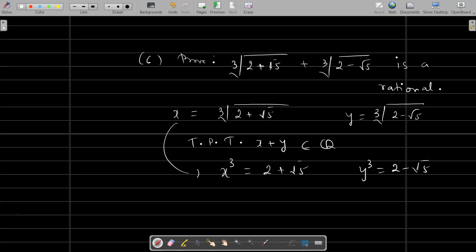Yes, Achintan. So basically this y is 1 by x, right? So y I can say is 1 by x, which means x plus y is x plus 1 by x.